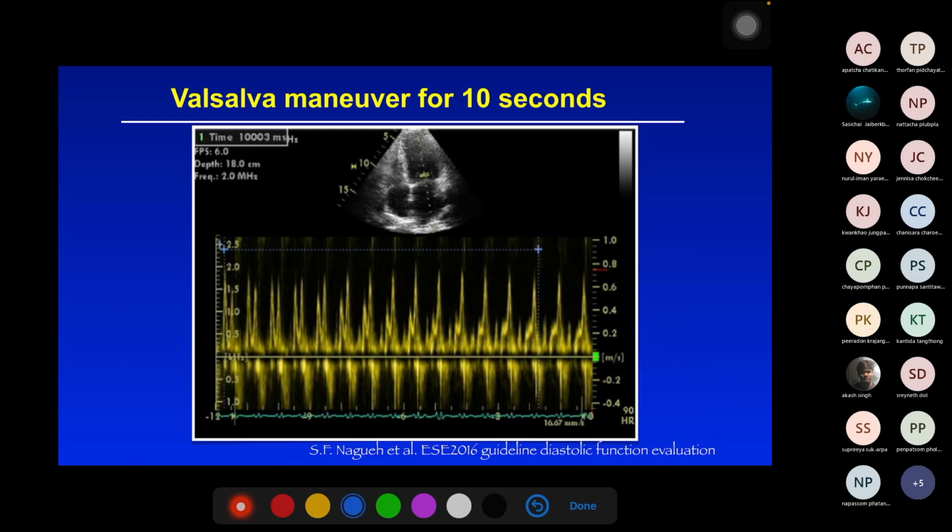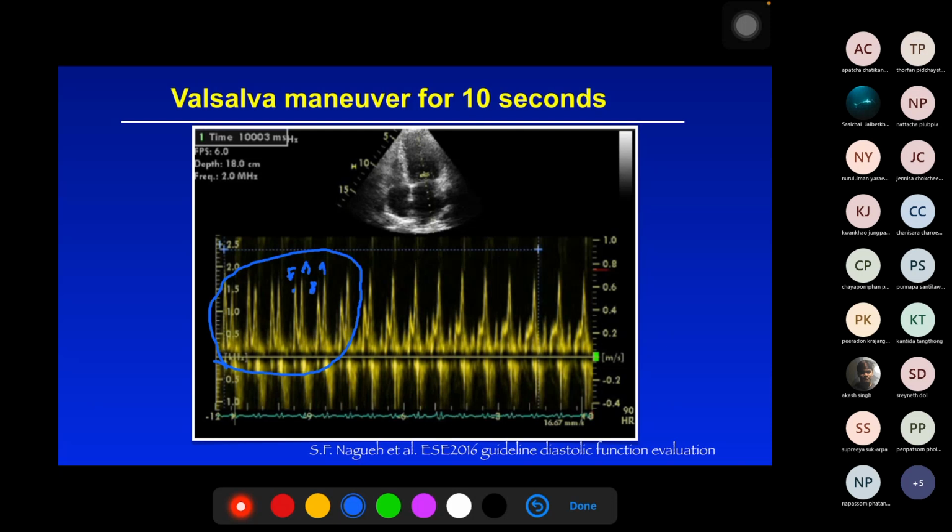Okay, you see this one? If you look at the MV inflow with the EKG, this is E, this is A, E, A. When the patient starts performing the Valsalva maneuver, what do you see?